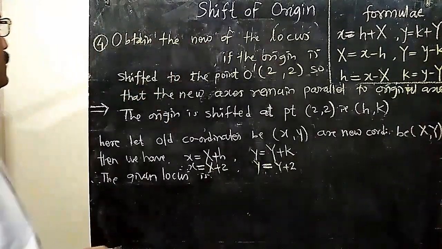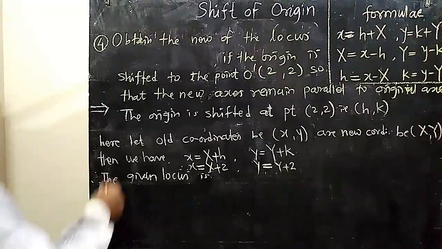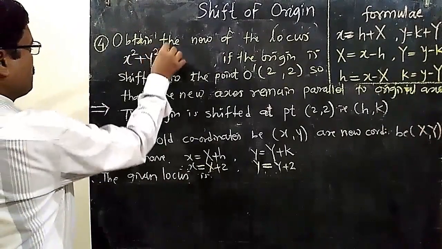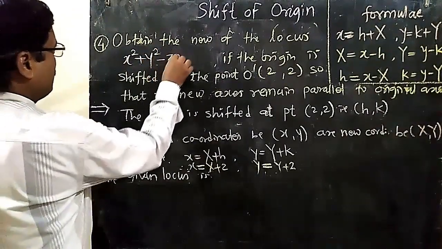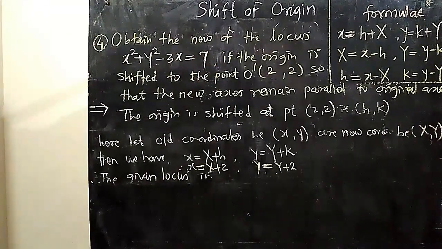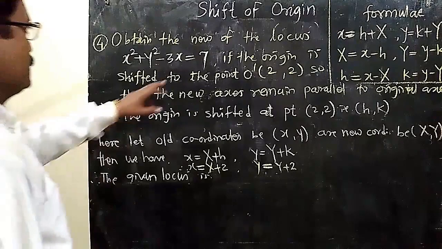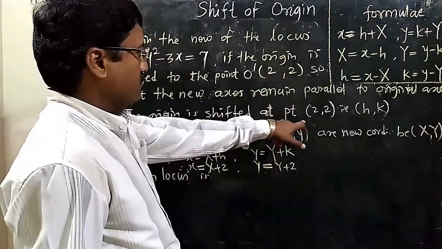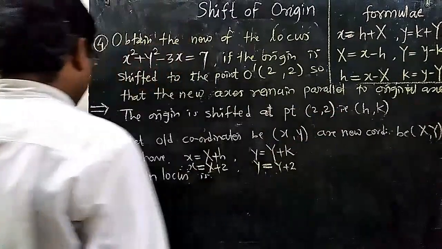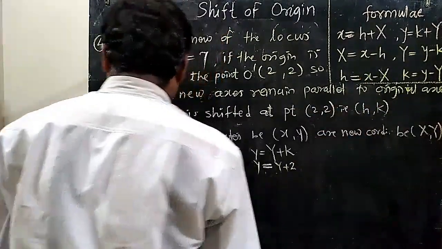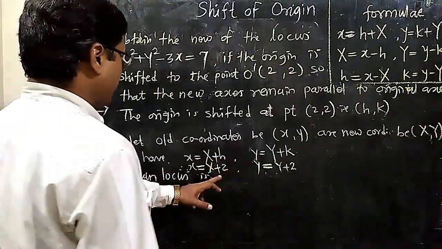We take another locus here. The equation of locus is x square plus y square minus 3x equal to 7. Here the new origin is the same, that is 2, 2. So the origin is shifted to the point 2, 2, that is h, k. Here let old coordinates be x, y and new coordinates be capital X, Y. Then we have the same formulae.